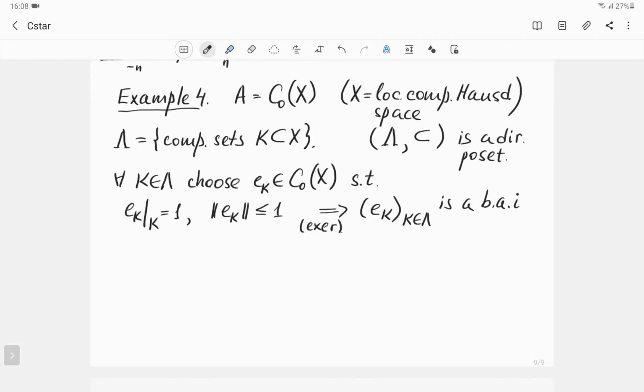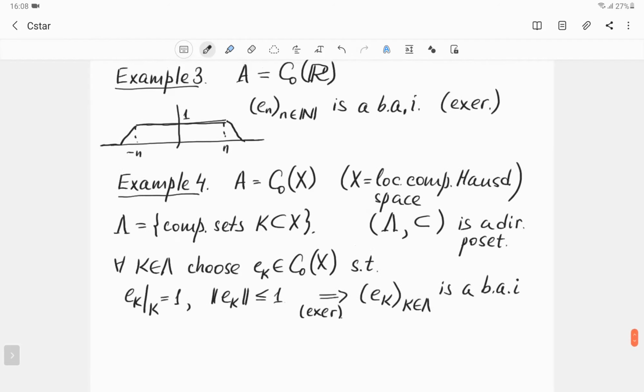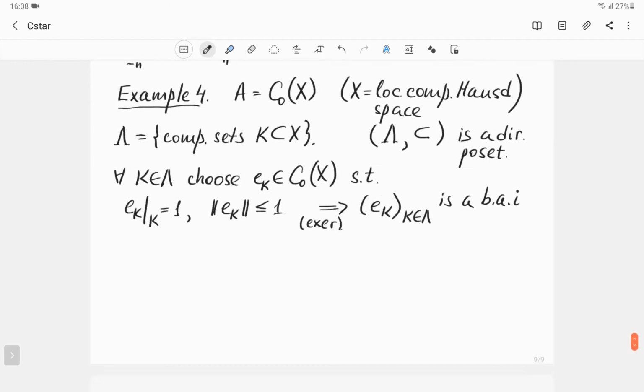Okay, one more remark concerning example 4. Of course, this approximate identity from example 4 is not sequential. So in example 3, we have a sequential approximate identity. In example 4, the approximate identity is not sequential. And here's a useful exercise.